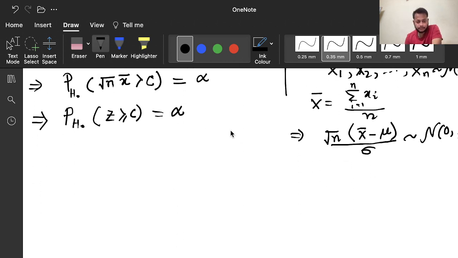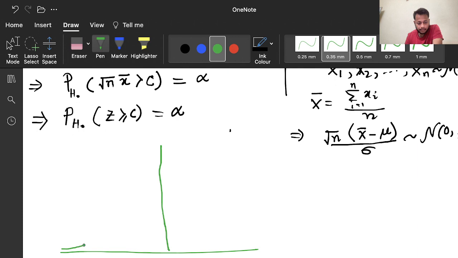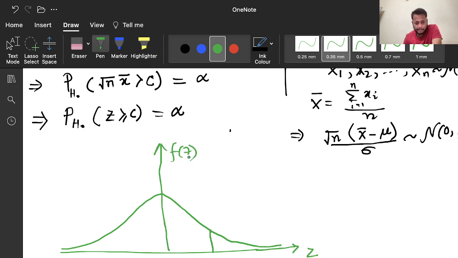Now you see, this is a distribution. Suppose this is the z axis and this is f of z. The probability that z is greater than C is alpha. What is this point called in standard notation?